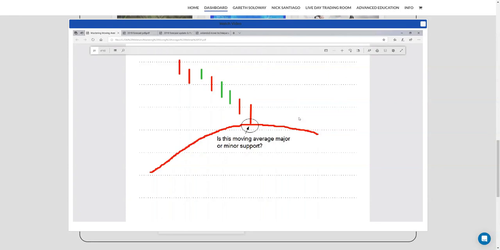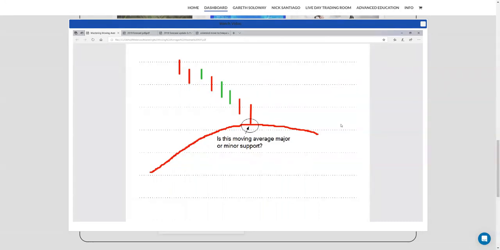And if you can't decipher it, just leave it alone. Pass on it. We don't even need to do it. Who cares? We'll go to the next trade. We don't want to put our money at risk when we really don't have to. So when in doubt, write this down. When in doubt, pass. When in doubt, leave it alone. Don't do it.